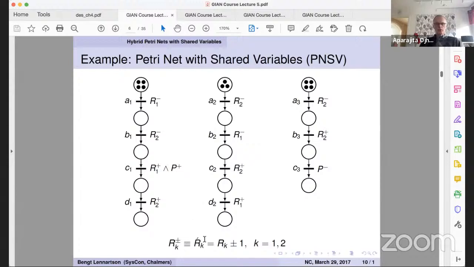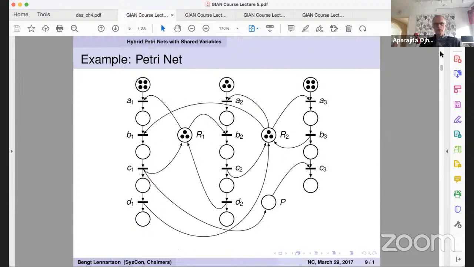Then I also introduced a shortcut. I did that also last time, saying that R plus means that the next value is equal to current plus 1. And R minus means that the next value is current minus 1. And in this case, I use this for the 2 resources R1 and R2 here.